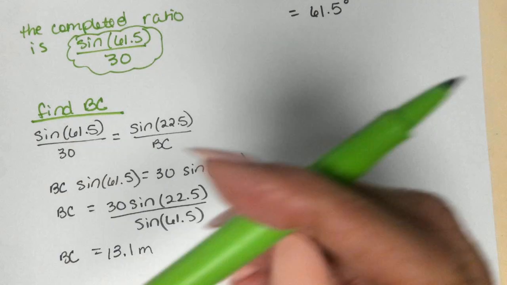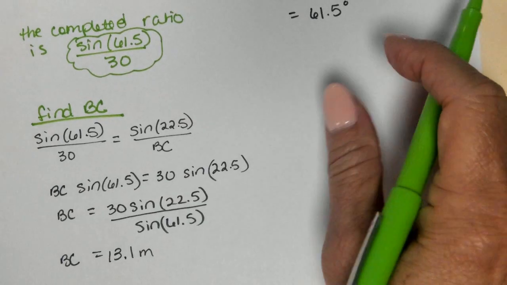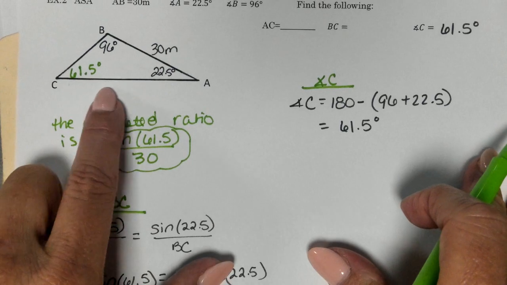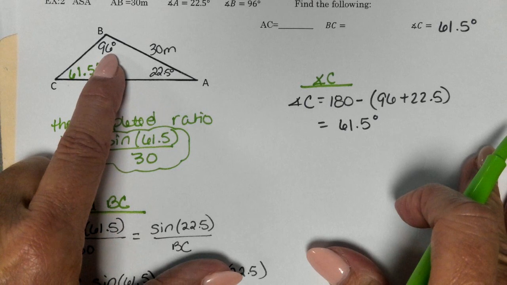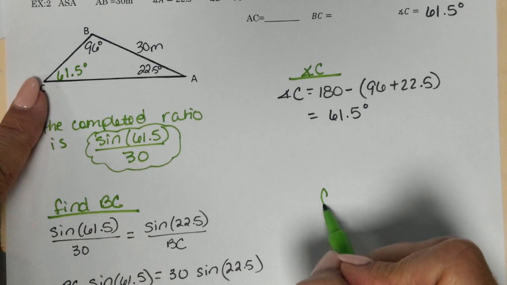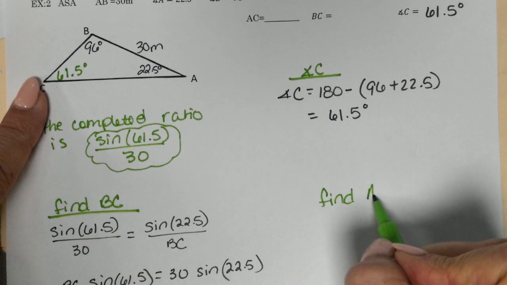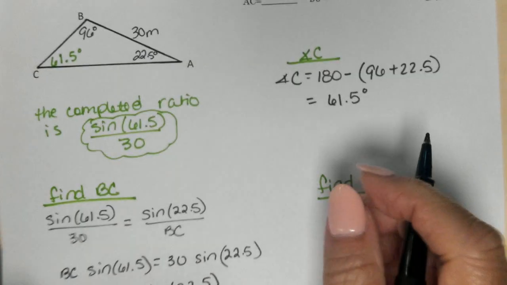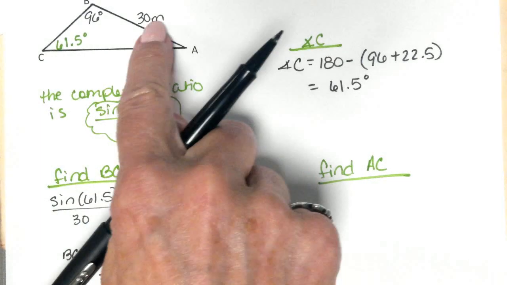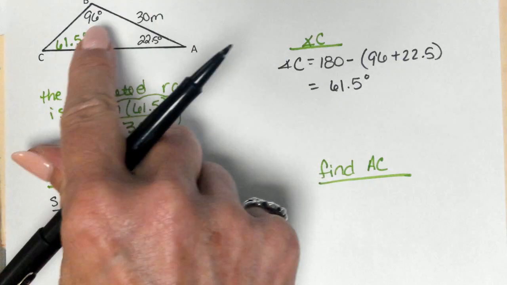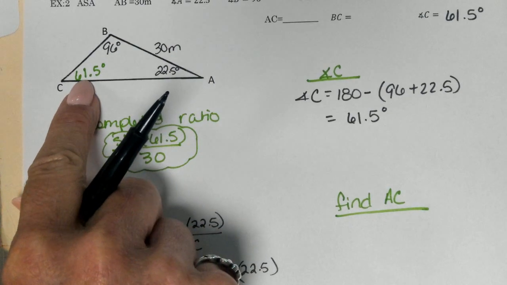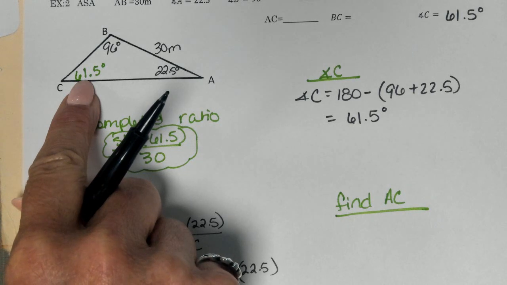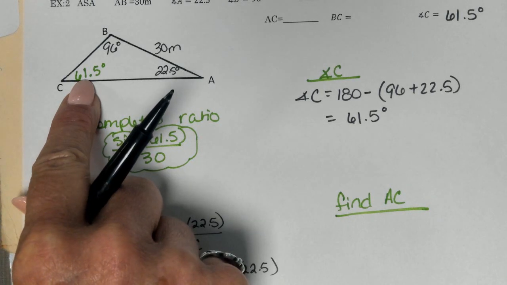The next side we're going to find is AC. This side right here across from our 96-degree angle. Find AC. I'm going to use my completed ratio right here. Now, I know we found this angle, and we had to round it, and we're using it. That was our only choice, though.